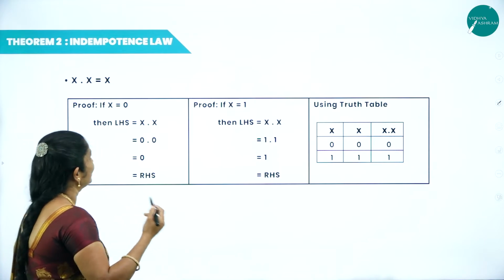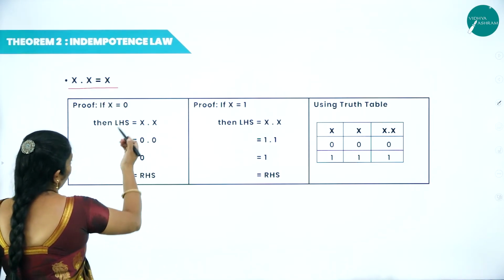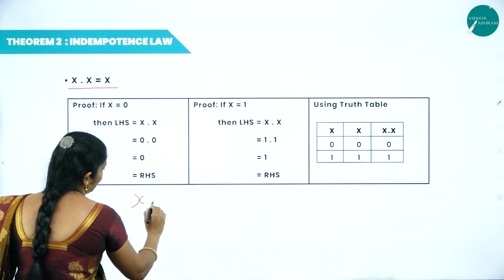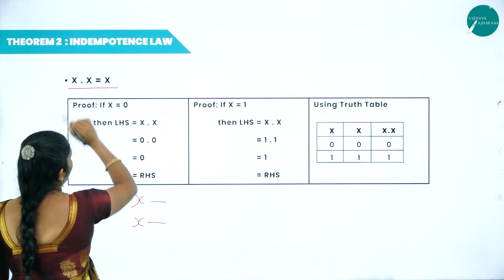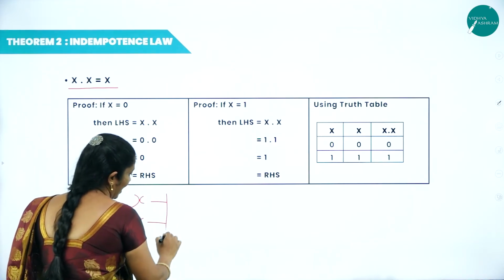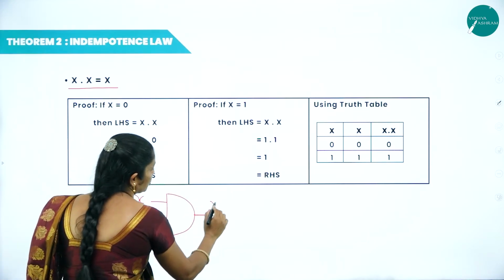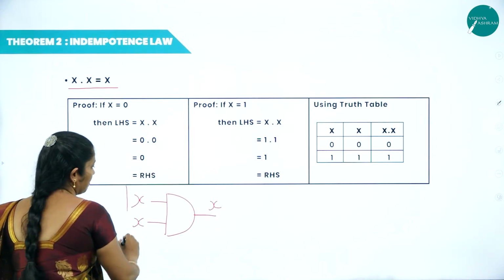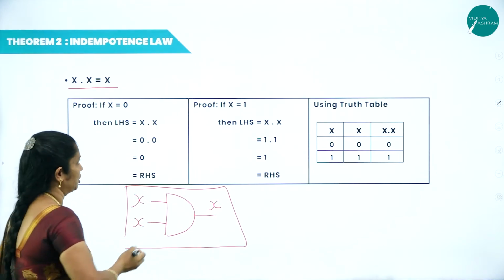Now, we will move to the second one, that is x into x equals x. For that one also, first I am going to take x here, then one more input x only. But here, we have the dot operator. Dot means AND. For AND, you will write the D shape. Then the output is also x. This is the symbol. Now, we will prove this by using the perfect induction method.